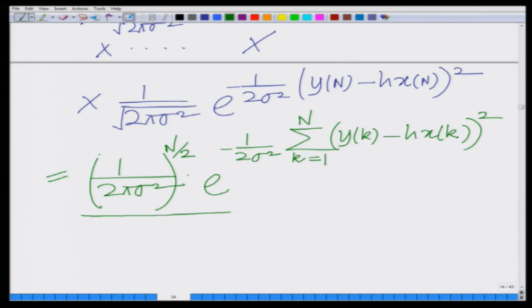And therefore, this is the joint PDF of the observations y1, y2, up to yn.